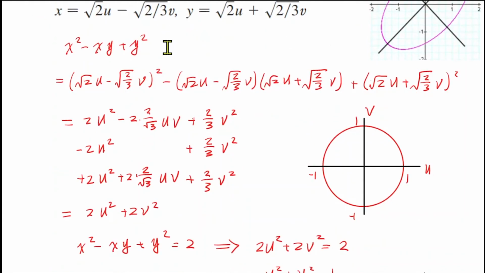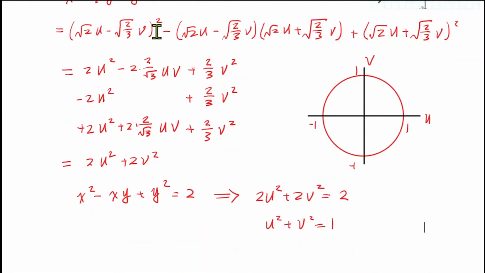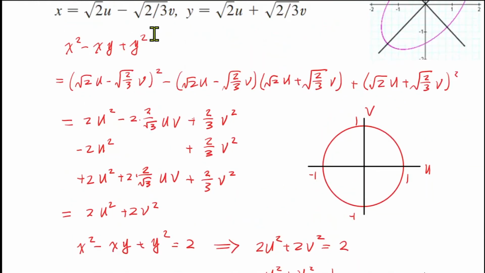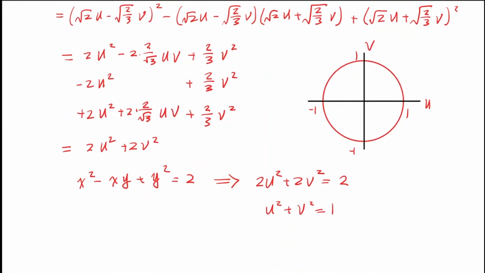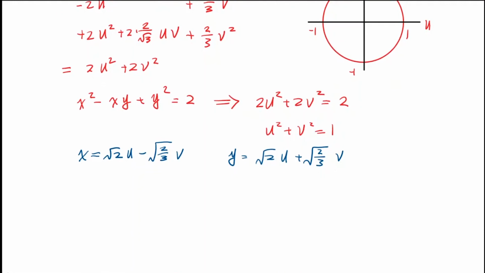Maybe I just don't have enough space, so I'm gonna write it. Okay, somebody tell me what that is. So now for the Jacobian, x is equal to √2 u minus √2/3 v, wasn't it? And then y was √2 u plus √2/3 v, correct? Because I need partial derivatives. This is just √2. Say yes.